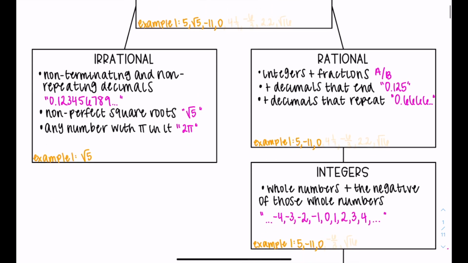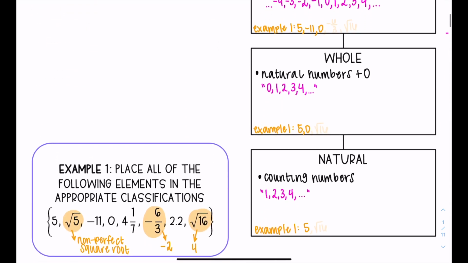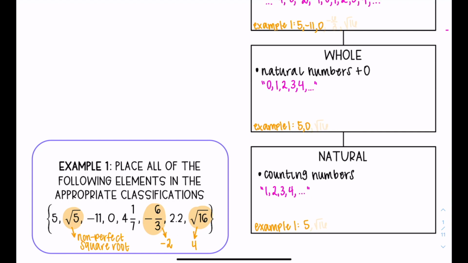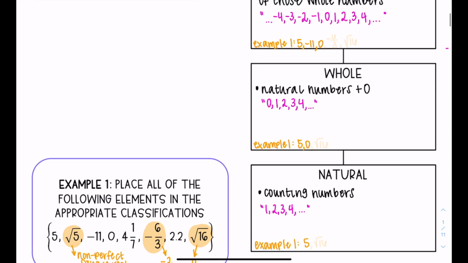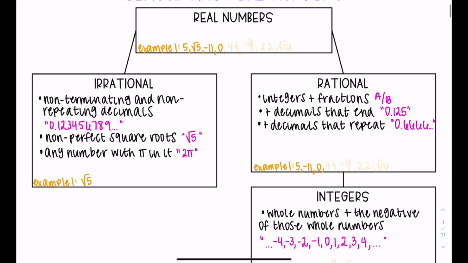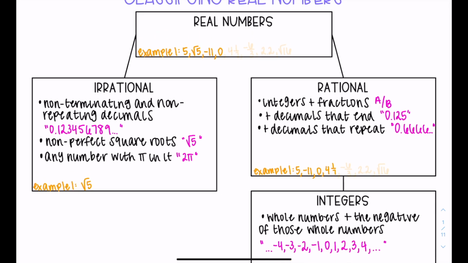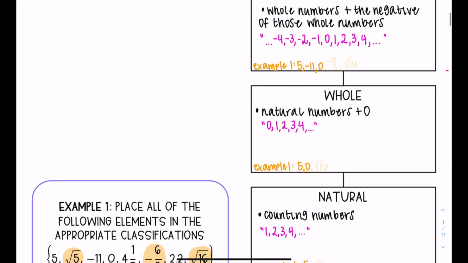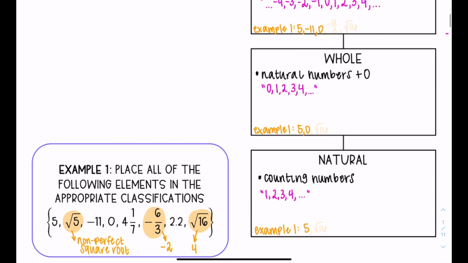4 1/7. Well, that's definitely not one of the numbers we learn when we're a kid, and it's not a whole number, and it's not an integer, so it's got to start at being a rational number, which means that it's also a real number. Almost done. We have -6/3. That's -2. And so that's not a natural number.